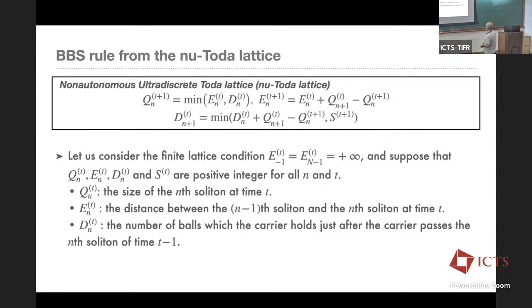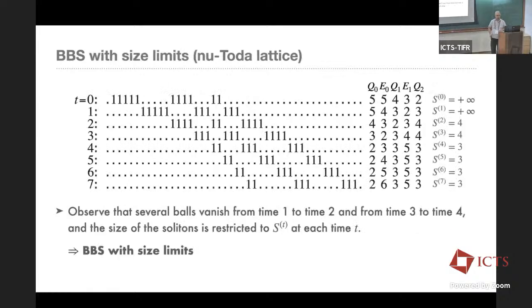And okay, let's see the meaning of the example here. If we start from Q0, E0, Q1, E1, Q2 with these non-negative positive integers, then firstly, we take this S parameter, S of 0, as plus infinity.